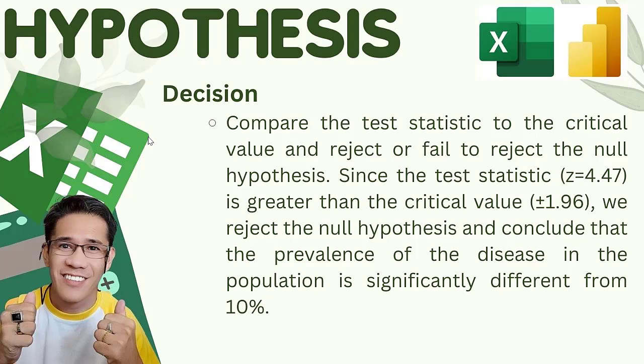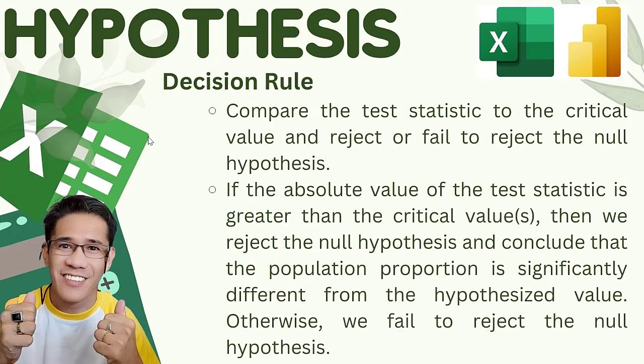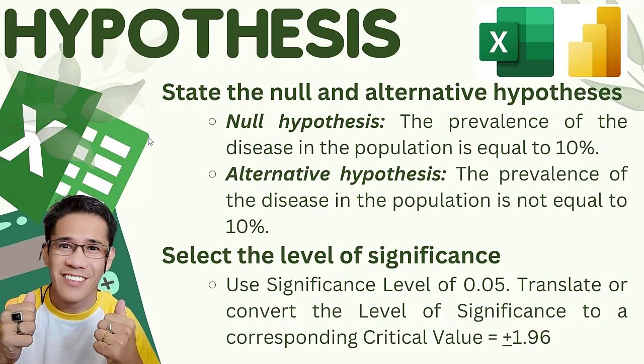Kung pupunta kayo doon sa aking nakaraang video, mga kaibigan, mga data scientists, aspiring analysts, or shifters, ang 1.96, ito yung converted level of significance. So, kung babalikan ninyo yung previous slide ko na level of significance, ayan, use significance level of 0.05.